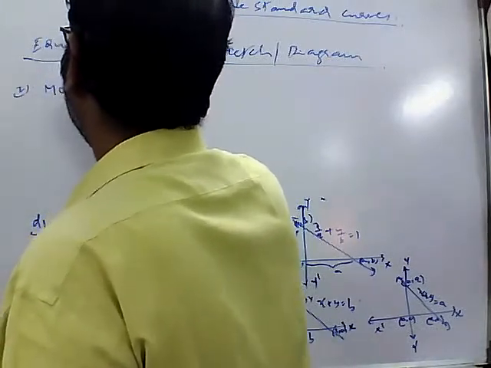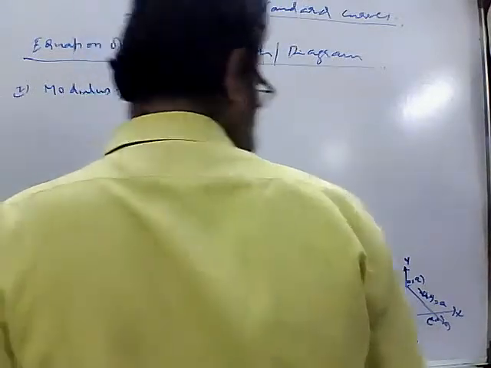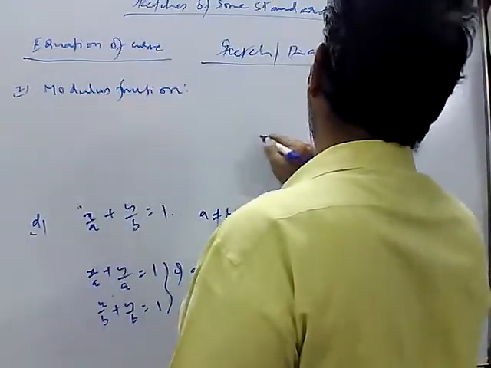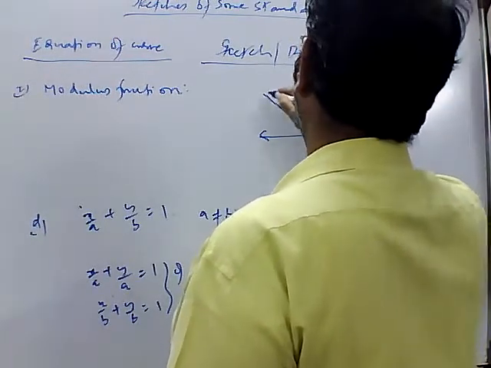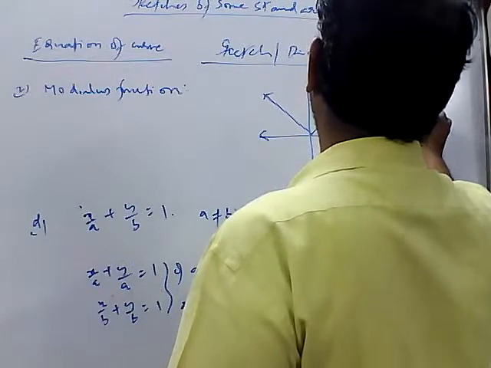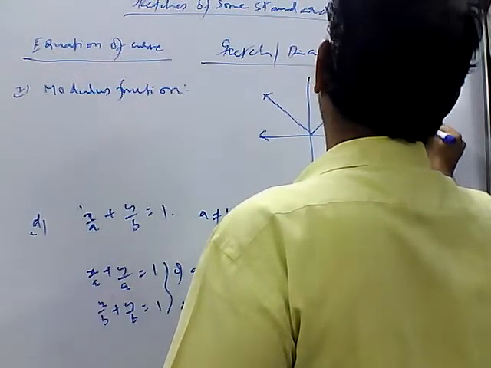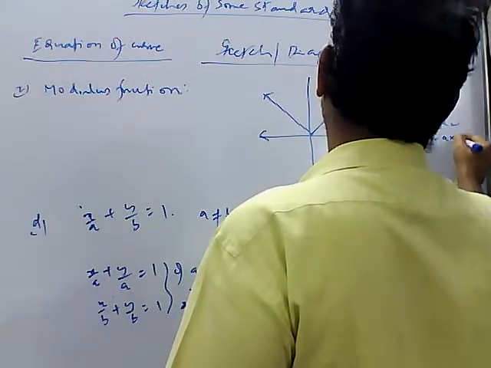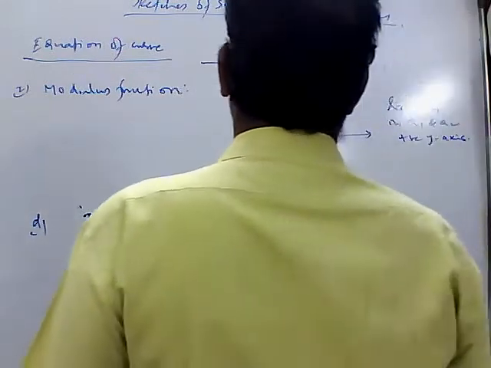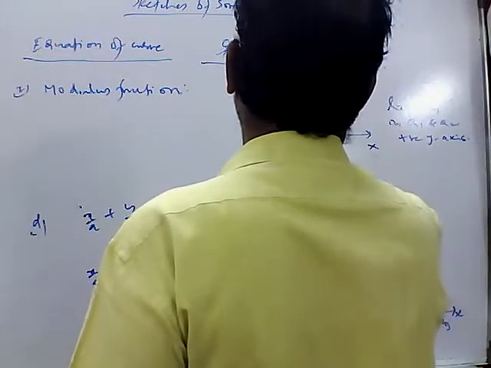Modulus function. So it will be like this. It will be only in the positive axis. It lies only in Q1 and Q2, positive y-axis. So this is y dash, x dash.